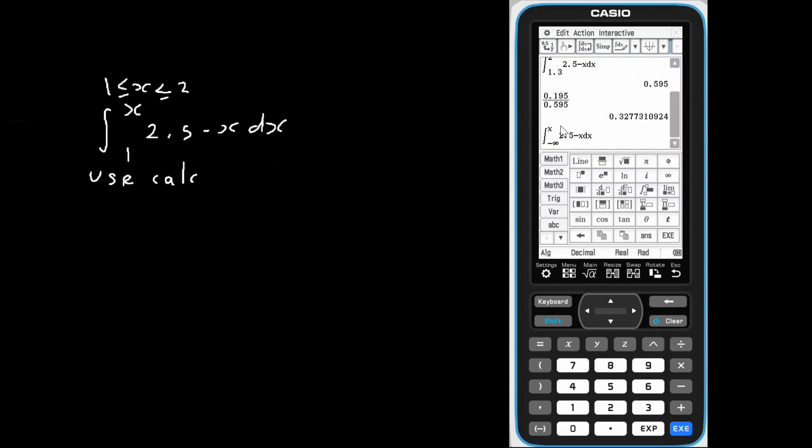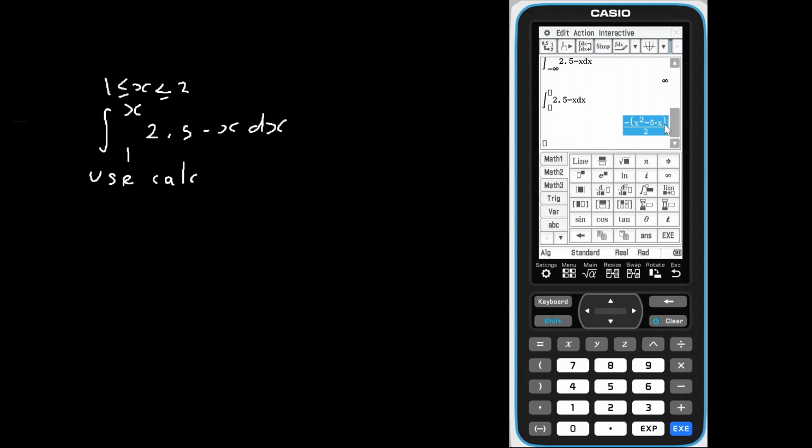It doesn't quite like that one, does it? Dependent value. Okay, so what we're going to do first of all is just integrate this normally. So no definite integrals here. So just that 2.5 minus x for x. And that gives us this value.